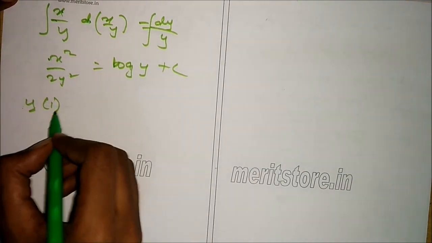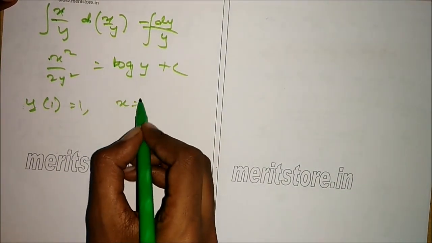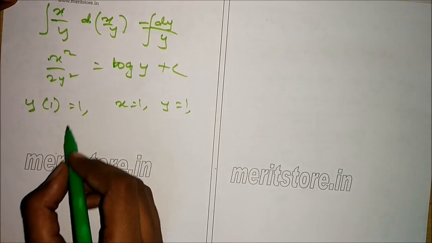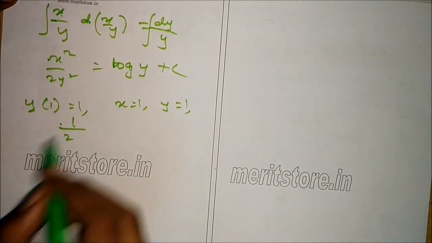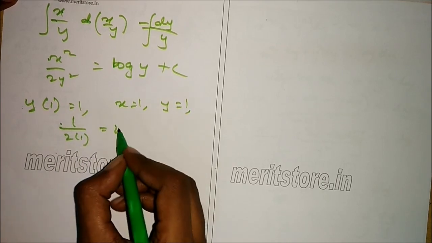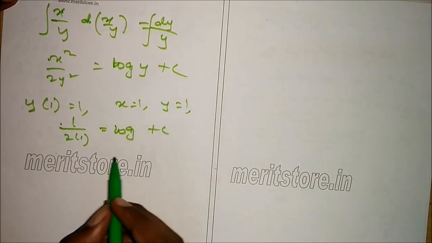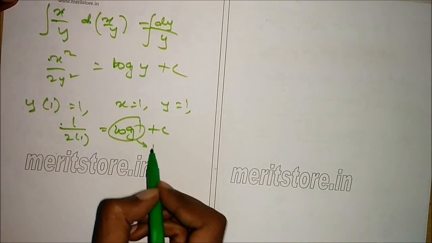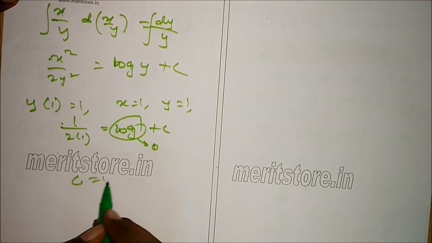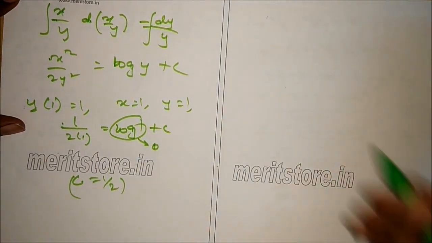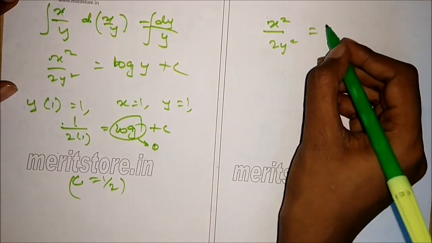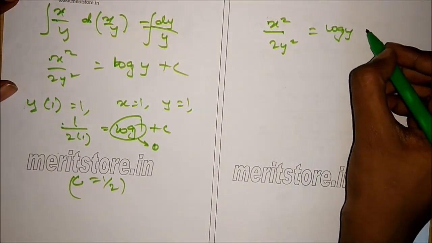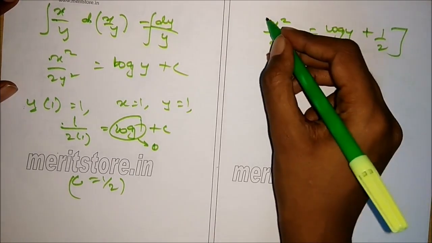Now y of 1 equals 1, that is when x equals 1, y equals 1. So this will be 1 by 2 into 1 equals log 1 plus c. Log 1 is 0, so c will be half. So we got the value of c. Therefore x square by 2y square equals log y plus half is the solution.